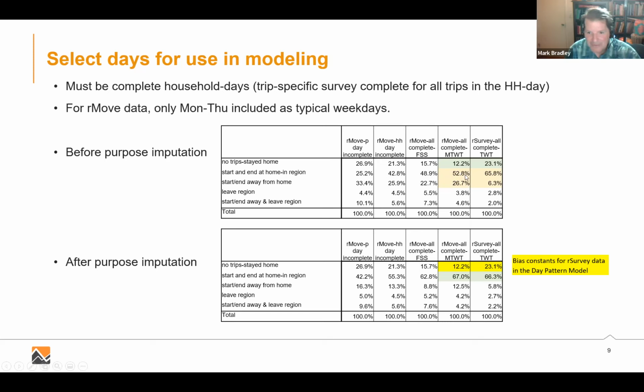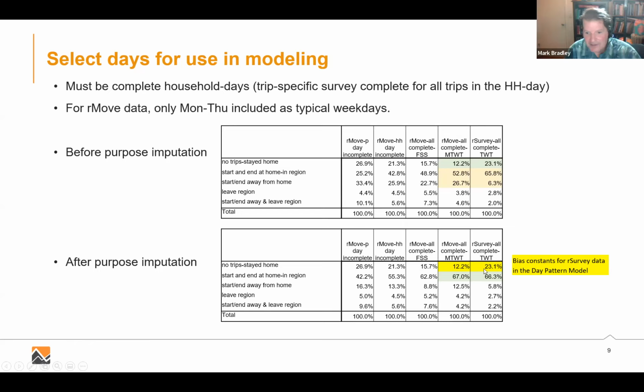When we corrected that in the second table after the imputation, we got a lot more valid cases in these green cells where people did start and end their day in the region, and it ended up pretty similar for the R move data, the smartphone data, and the diary data.